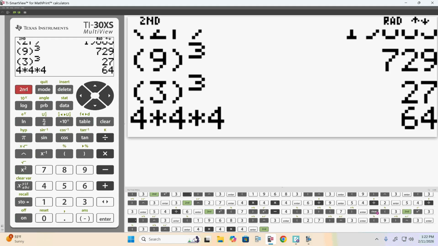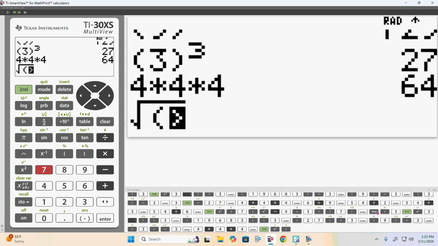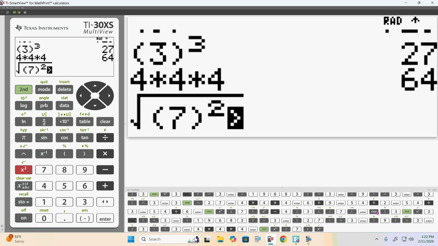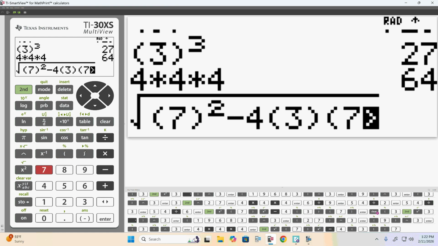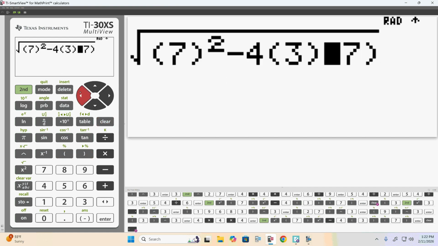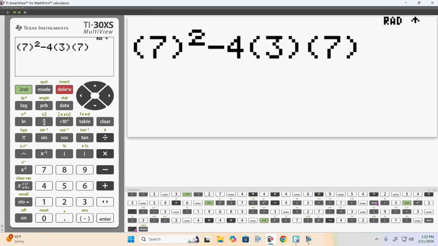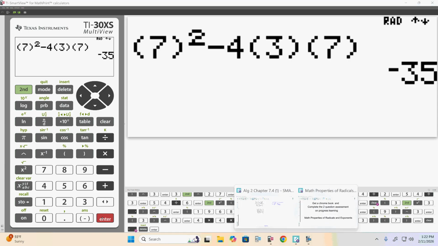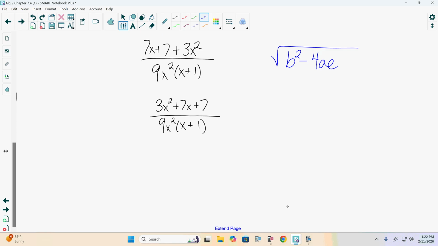So if I take this here and go second square root, b is positive 7, so we have 7 squared, minus 4 times a is 3 times c is 7. It tells me domain error, which means if I go and remove the radical, we're looking at the square root of negative 35, which would be i square root of 35, which tells me that the numerator does not factor. So this is actually as simplified as it gets.